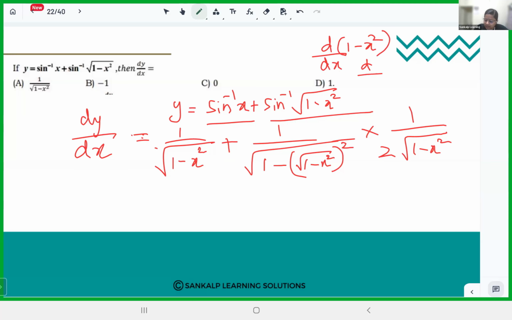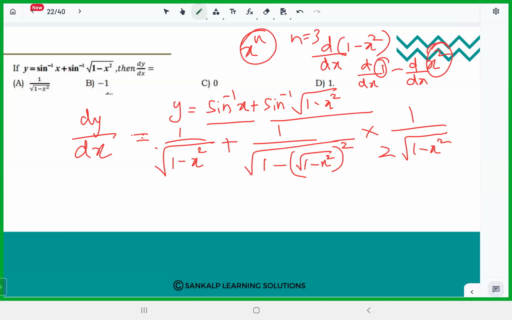Which means d by dx of 1 minus d by dx of x square, right? So what is the derivative of 1? It is 0. And x square is of the form x raised to n, where n is equal to, sorry, n is equal to 2.